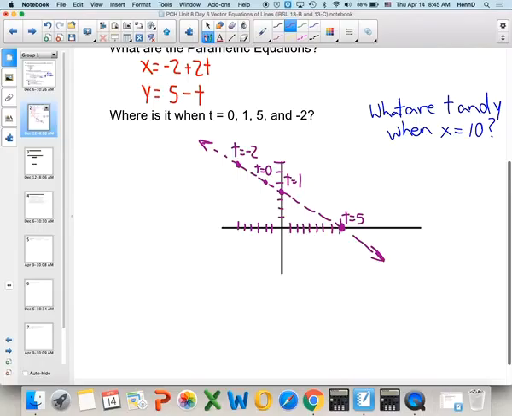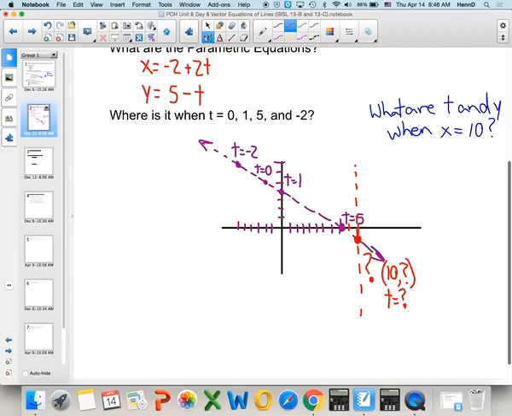Alright, so here's 8, 9, 10. Where and when is this? We know it's the point 10 something, but we don't know what that is, and we don't know what time that occurs.